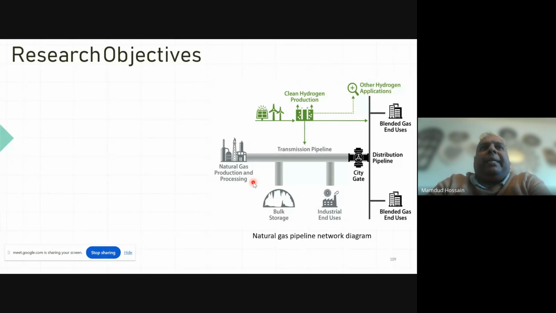However, in Britain, the Health and Safety Executive has given permission to mix up to 2% only. 2% of hydrogen you can blend now, and they reckon it is safe to blend 2% of hydrogen rather than 20%. To go to 20%, you have to do a lot of research and show them that it is safe.